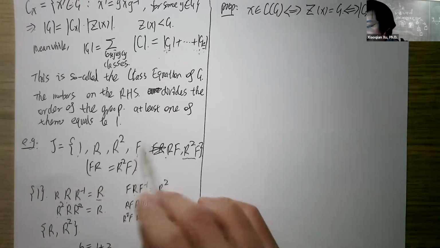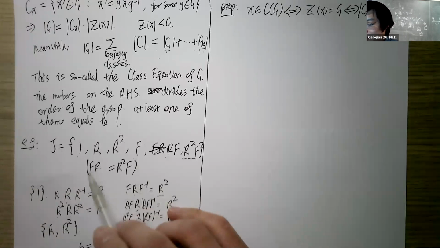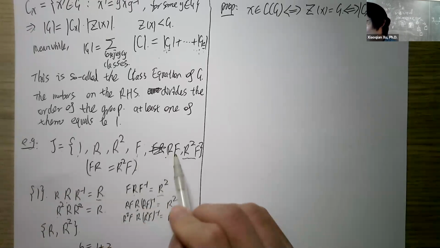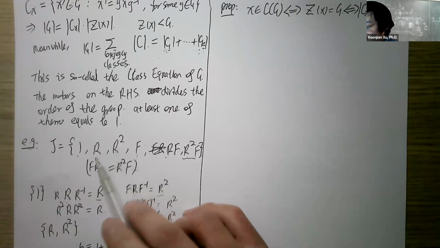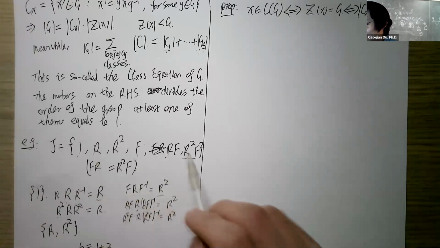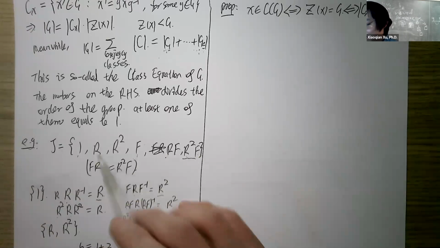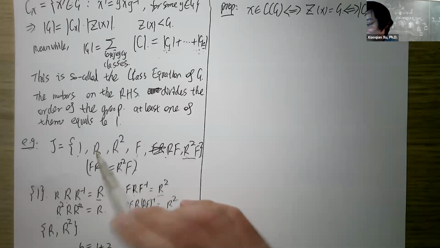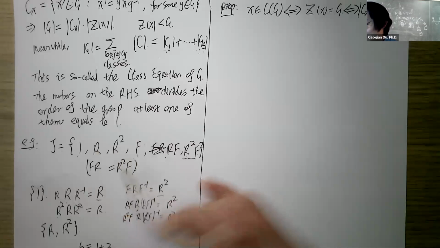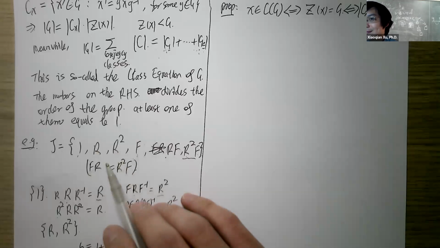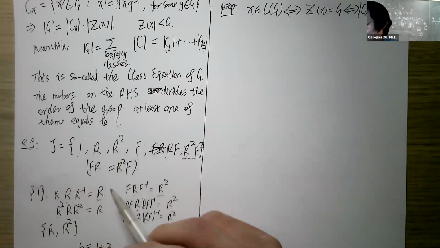So we can check F does not commute with R, right? RF does not commute with R as well. Of course, it will not. R square F does not commute with R or R square or whatever, for sure.